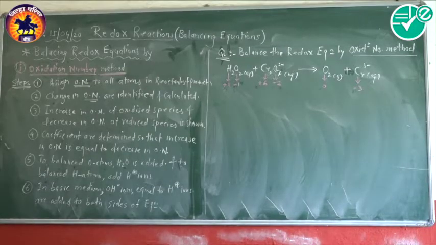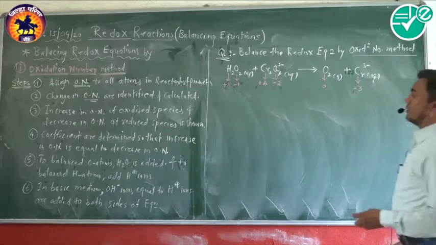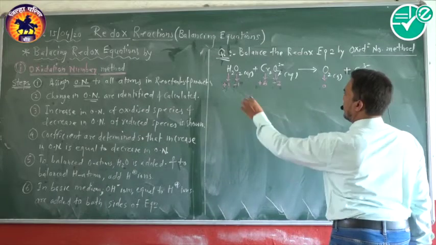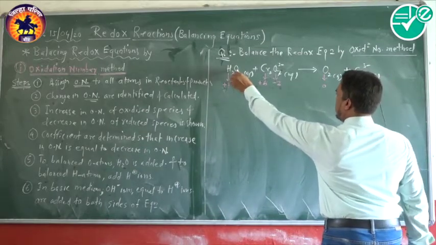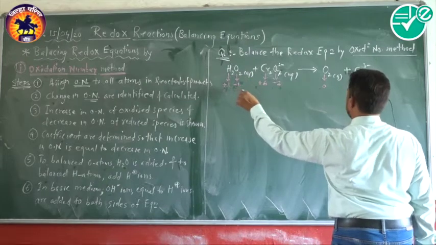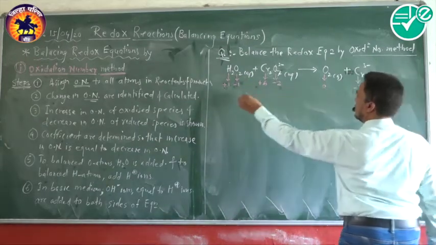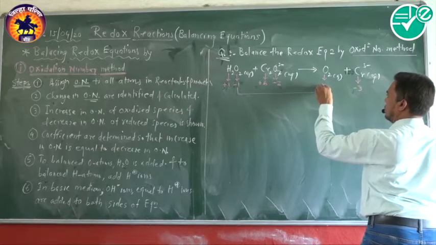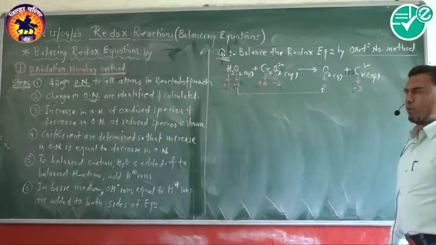Now look at the second step: the increase in oxidation number in the oxidized species. The oxygen in hydrogen peroxide goes from -1 to 0, so the oxidation number increased by 1.